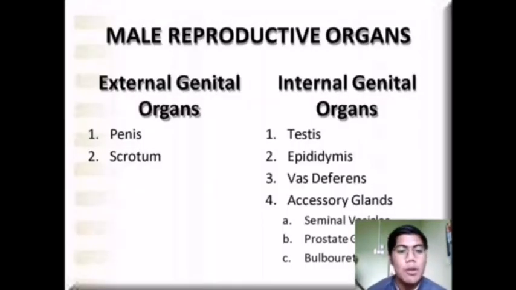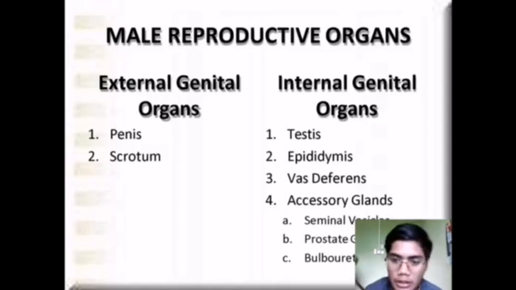Male reproductive organs consist of two groups, the external genital organs and the internal genital organs. The external genital organs consist of two, the penis and the scrotum.